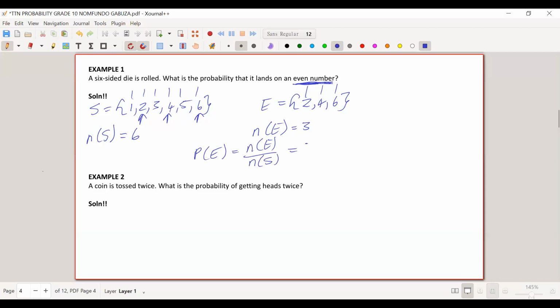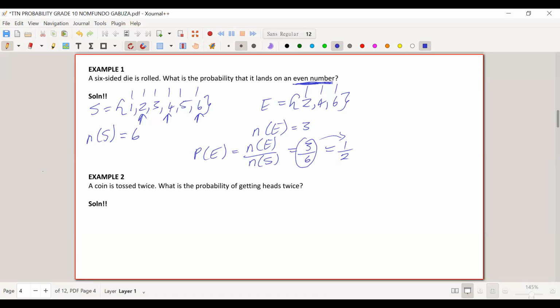So it's going to be 3/6, which means it's going to be 1/2. You must always simplify over here. If you leave it as 3/6, you will not get the full marks.